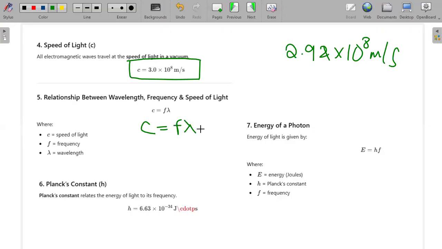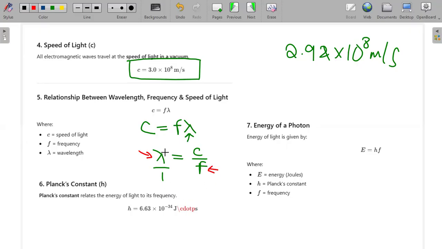Now, remember I said if you have a higher wavelength, then you are going to have a lower frequency. The reason is from this formula. If I make the wavelength the subject of the formula, wavelength is equal to C over F. So I can put this lambda here over 1. You can see that the wavelength is on top and the frequency is down.